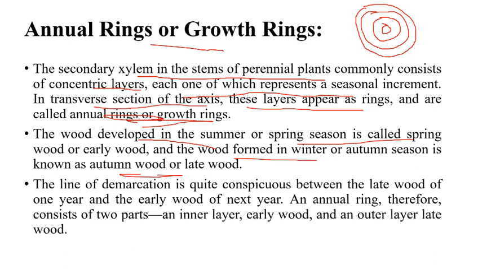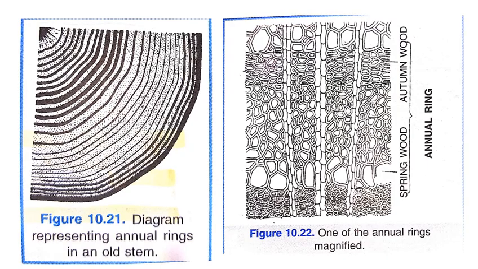The line of demarcation is quite conspicuous between the late wood of one year and the early wood of the next year. An annual ring therefore consists of two parts, one inner layer or early wood and an outer layer called late wood, which is formed in the autumn. So this is the diagram showing the annual rings in an old stem.